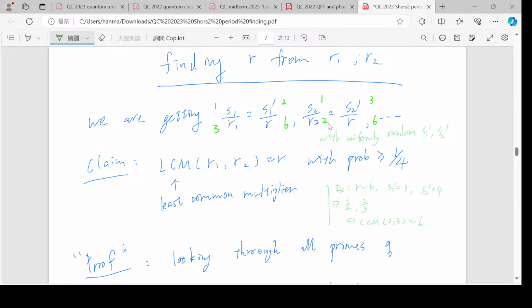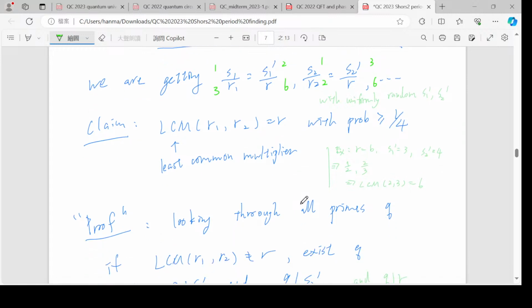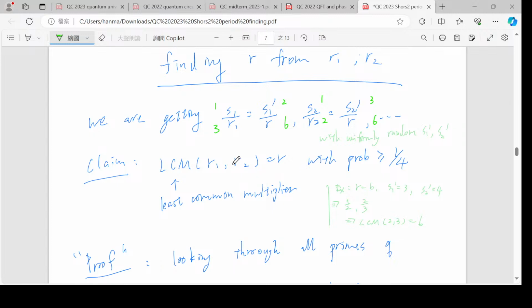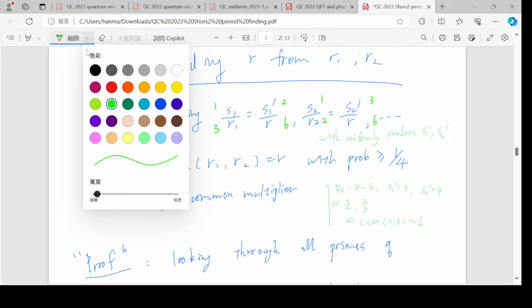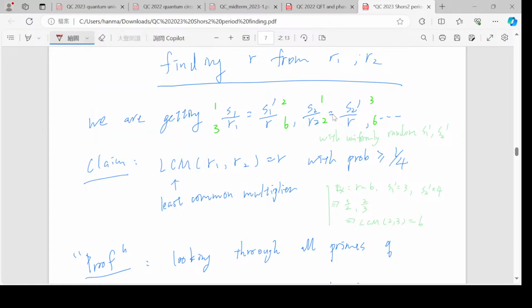I guess I didn't say, right? Here I should say that those unprimed ones, we are thinking they are coprime to each other.